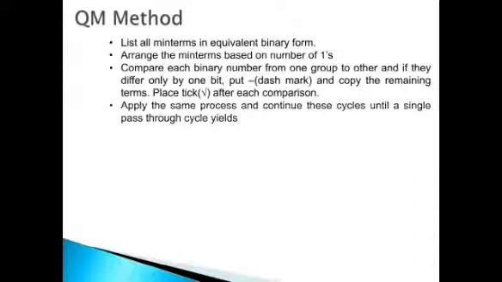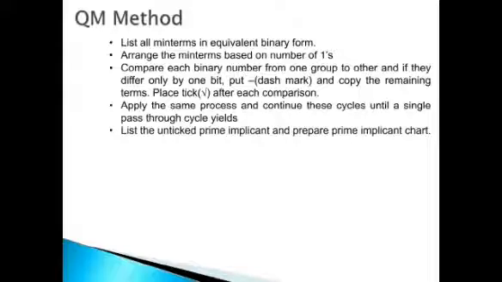After this step, we will apply the same process for the next cycle, and we will do it until a single equation comes out through the cycles. In the third step, we will list the unticked prime implicants and prepare the prime implicant chart.